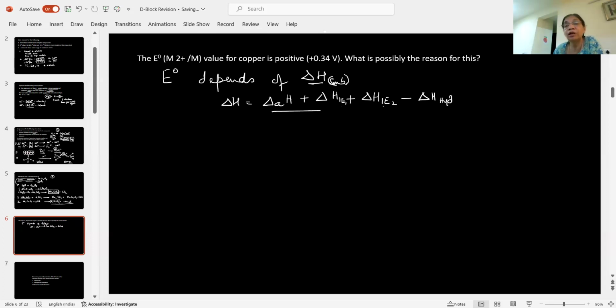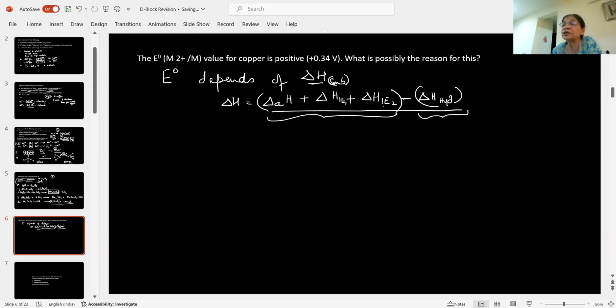Okay, it is the sum of all these three. Why do we take this as negative? Because hydration energy is negative, so we write the sum of all these positive energies minus this one.